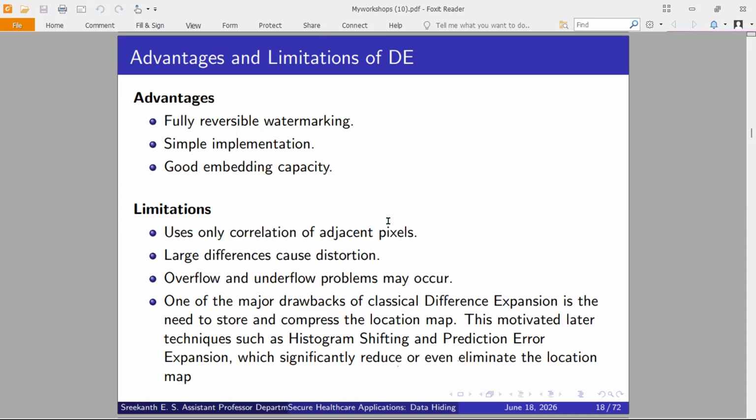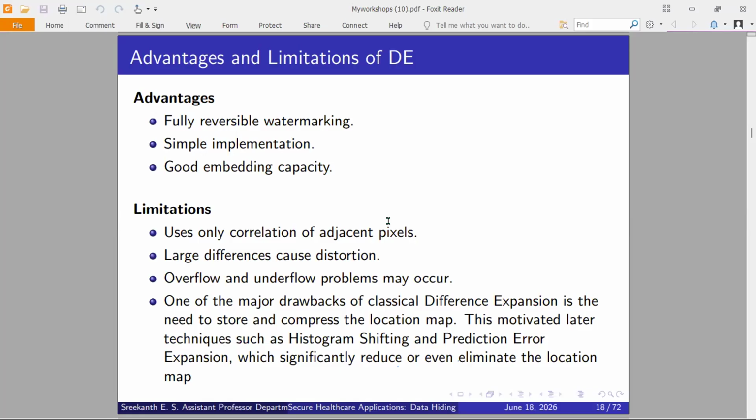Compress it means there will be some little space. Of course, the compression should be using some lossless scheme, maybe encoding. The remaining space can be used for embedding this location map.